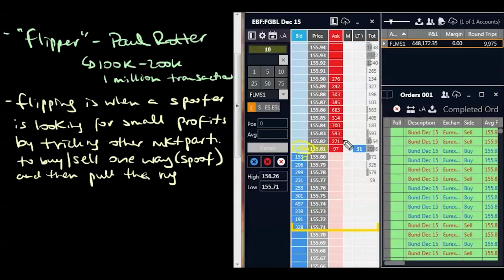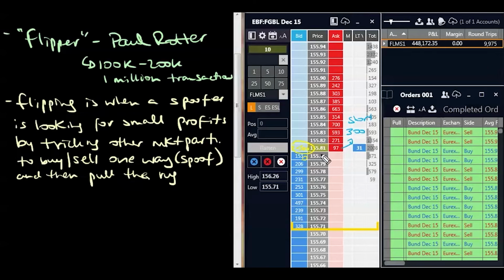He's now short. Let's quickly draw that in blue so you can see it. So he's short 300 lots at 81s, and then he'll pull the rug, basically remove the 1,000 contracts or whatever it may be that he's put on the bid.